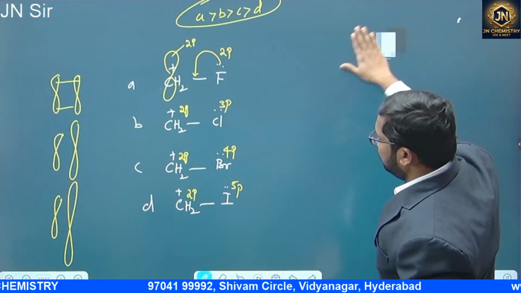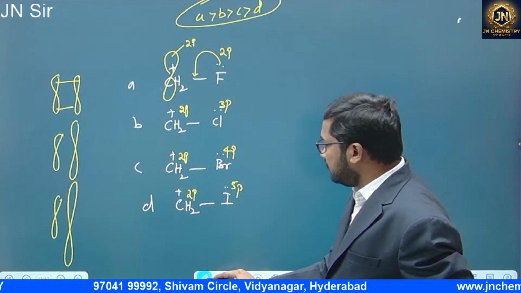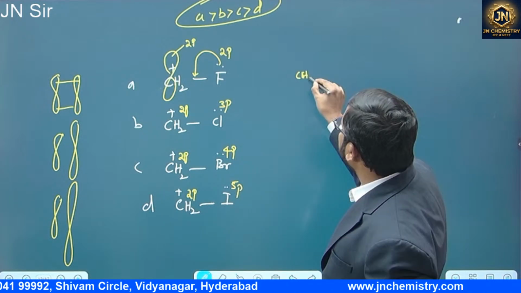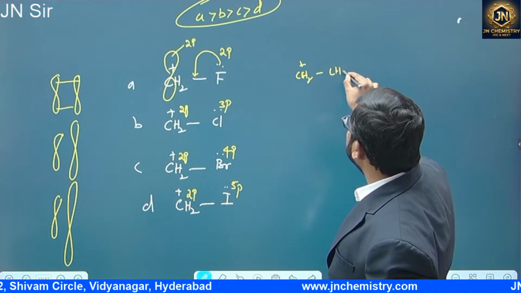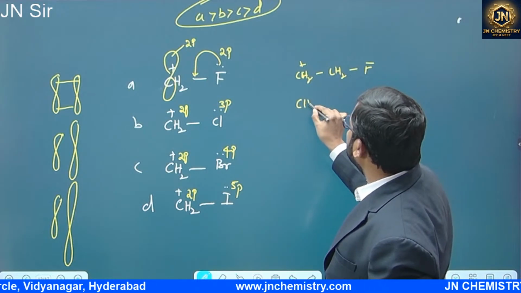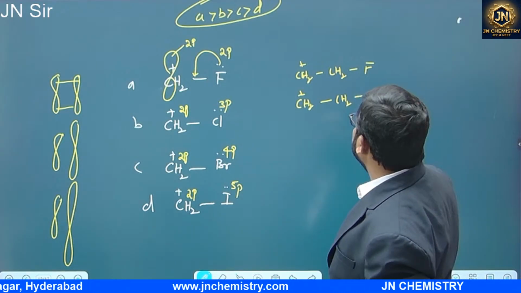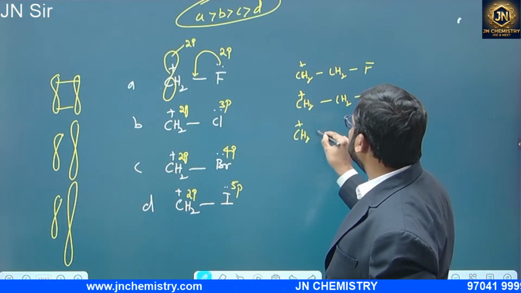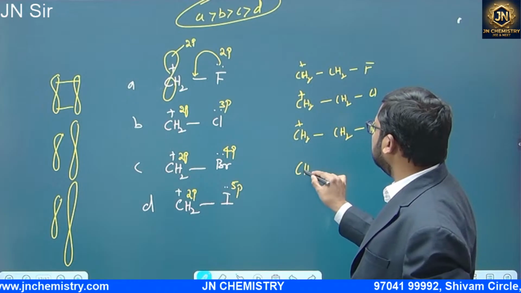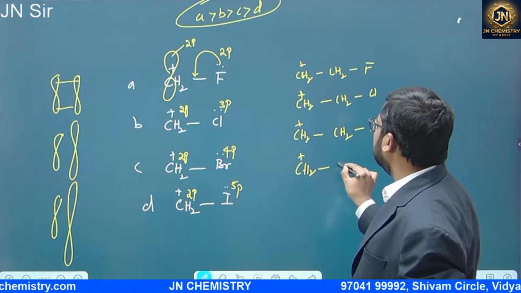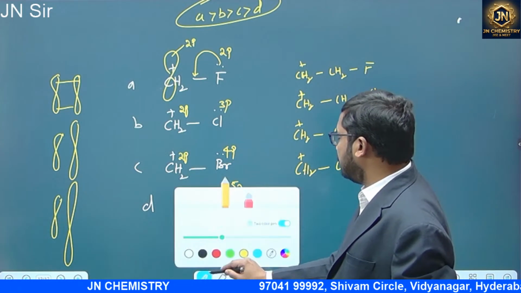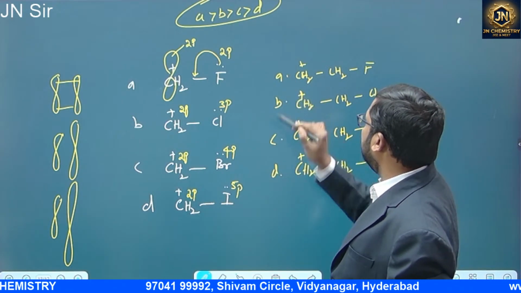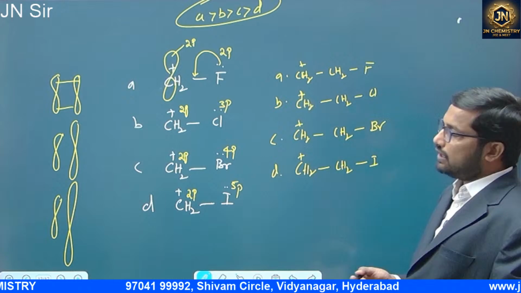If I give the same question as CH2 positive charge, CH2 fluorine, CH2 positive charge, CH2 chlorine, CH2 positive charge, bromine, now A, B, C, D. Now what exactly is the answer?